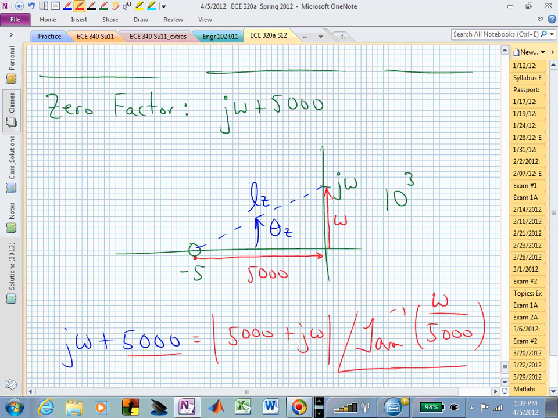Is that making any sense? So if somebody said, what's this 0 going to contribute if I excite my system with a frequency of 1,000 radians per second, this omega would be 1,000, and I would now be able to find what this hypotenuse is by either getting, have you guys got your dividers still from your drafting class?